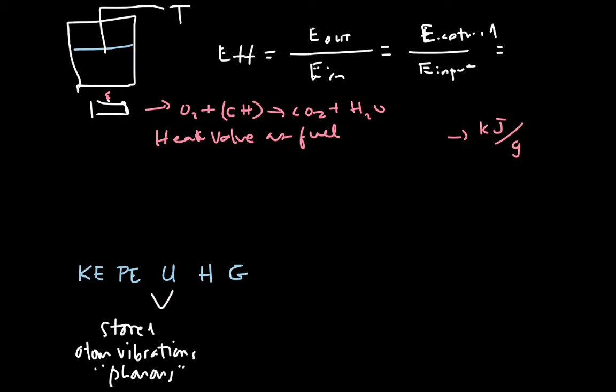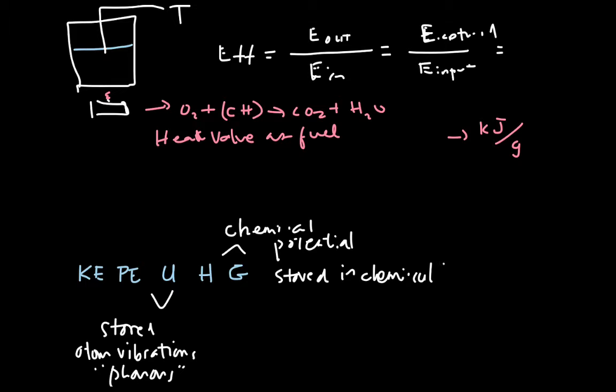Gibbs free energy is also called chemical potential, and this is the energy that is stored in the chemical bonds. This is different than the vibrations, in that it's actually stored in these covalent bonds or whatever bonds that you have in the material. And the difference between these accounts for the changes in entropy caused by a chemical reaction.